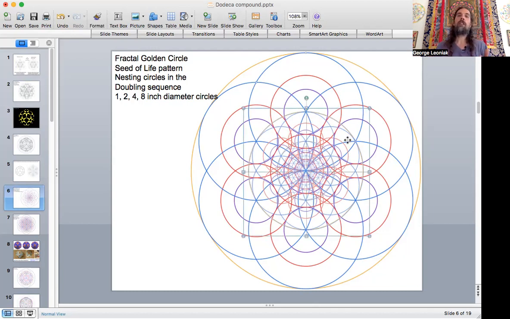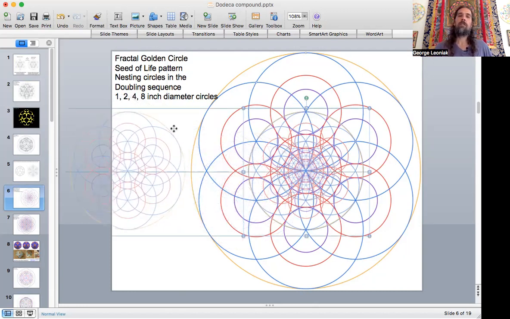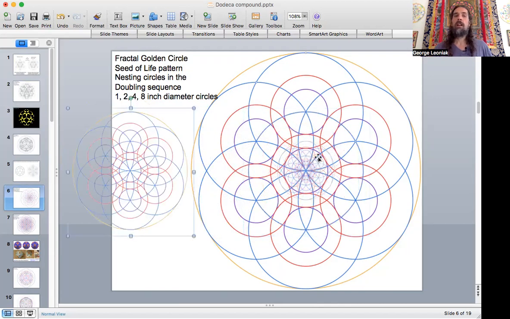So for instance, if the large diameter of the big circle is 8 inches, well, this next one that's going to nest inside here was going to be the 4-inch one of golden circles. And then I could take another layer down and keep going to 2. Here's the 2, and there would have been 1 in the middle. So these are going to nest all inside.